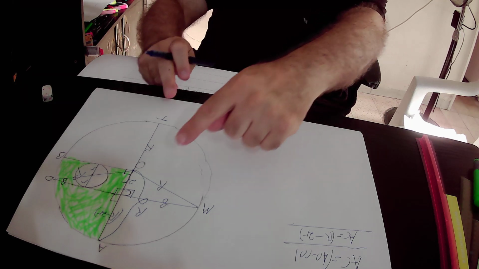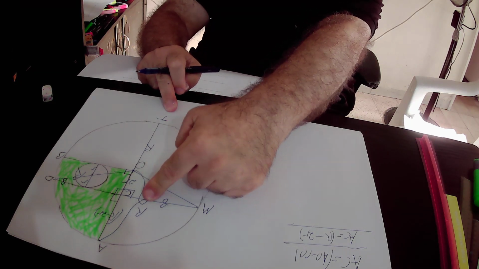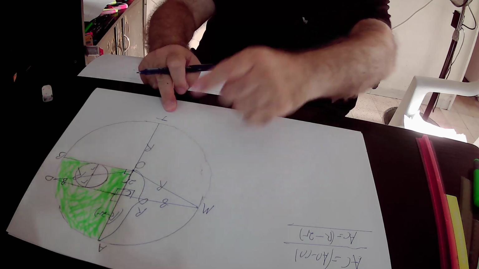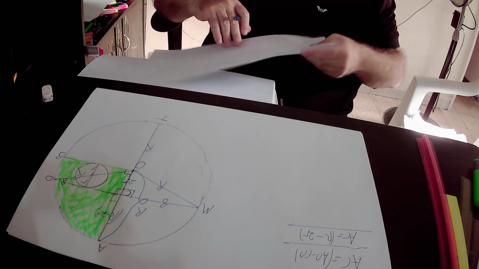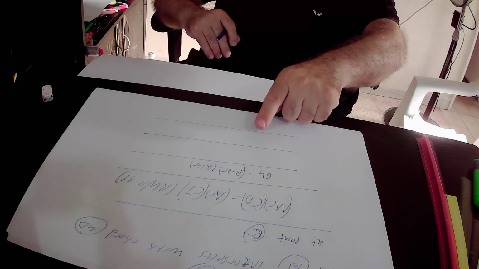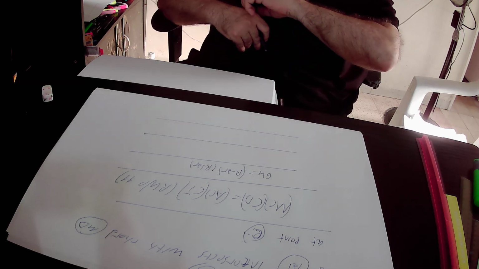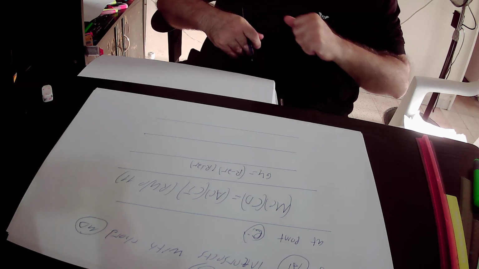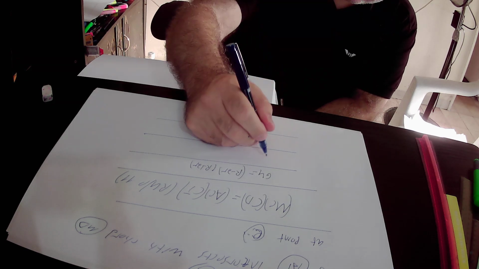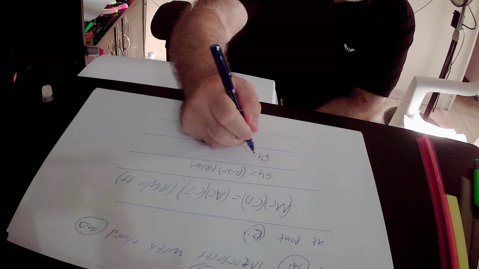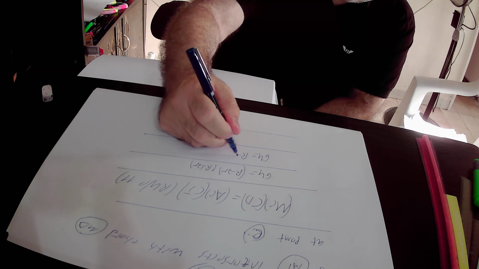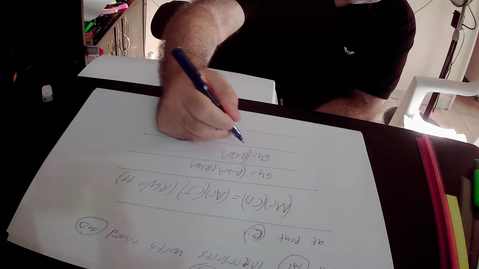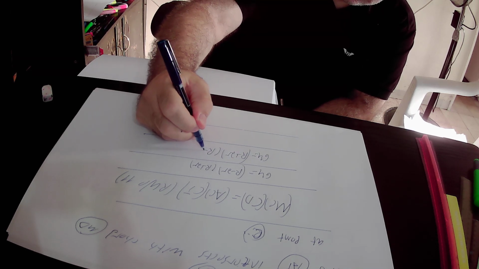Again, CT equals capital R plus 2R. So in conclusion, we found out that 64 equals capital R minus 2R times capital R plus 2R, or 64 equals capital R plus 2R times capital R minus 2R.